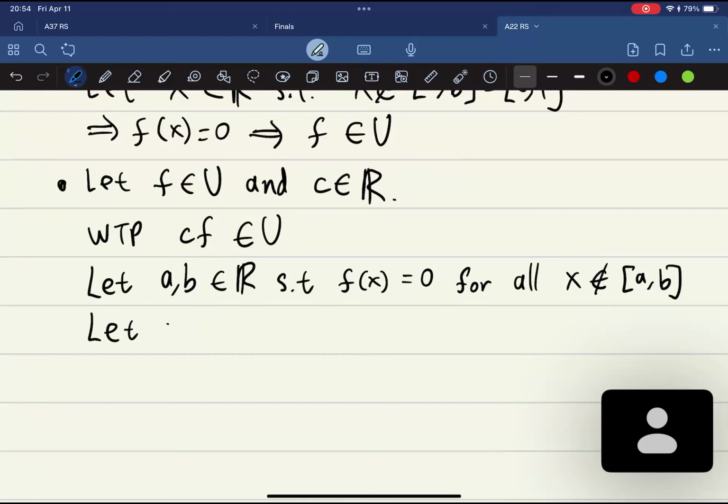Then we let x be any real number that is not in the interval a, b.